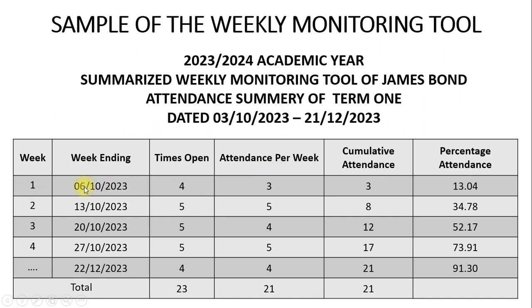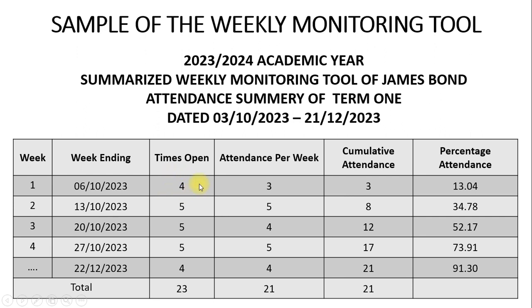Say in week 1, the school was open for 4 days, that is the times open. And as a teacher, my attendance was 3 days. We all know that the first week of every term is always 4 days because we normally reopen on Tuesday.